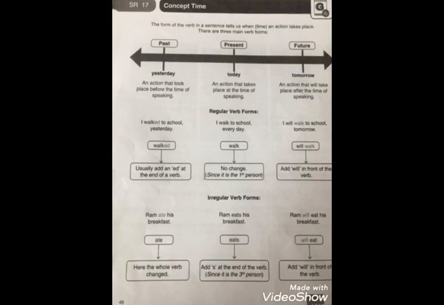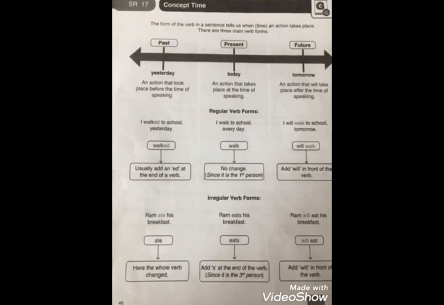See, in regular verb forms, present form walk: I walk to school every day. Walk, no change, since it's the first person. And future: I'll walk to school tomorrow. I will walk. By adding will in front of the verb, it indicates it is future.